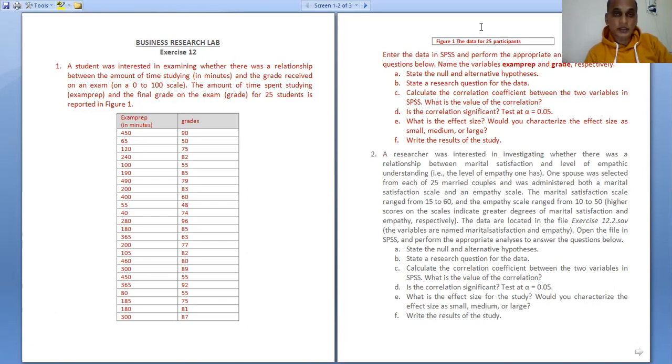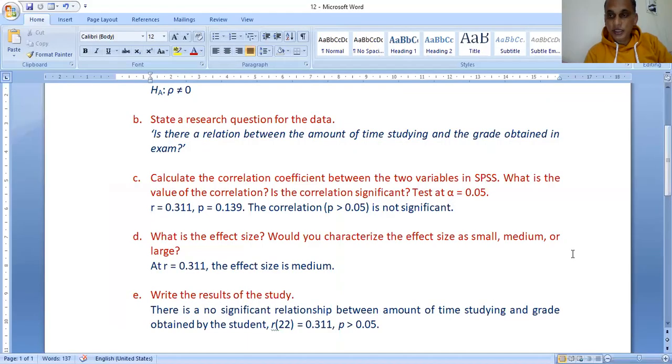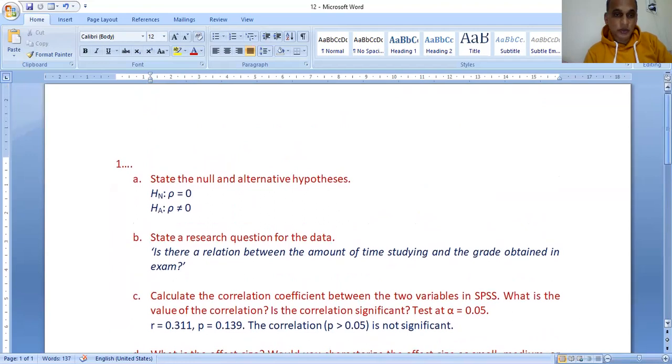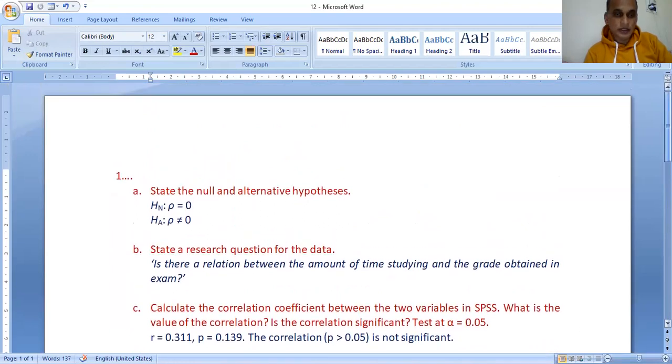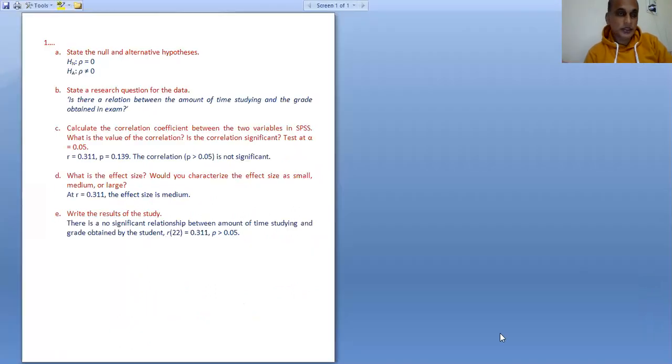Moving on to my new share, where I'll be talking about the answers which I have mentioned to some extent. I'll be looking at the two answers first: what are the null and alternate hypotheses?